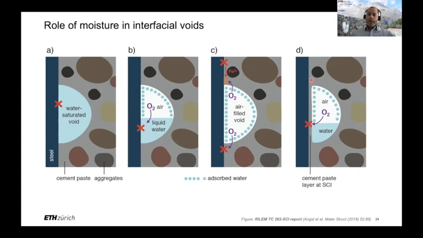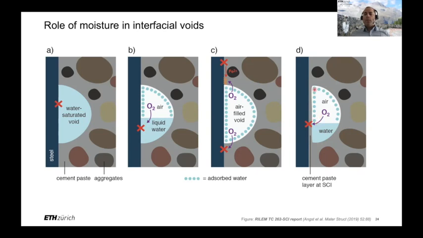There is also a case which typically can occur where we have a thin cement paste layer separating the steel and interfacial voids. In that case, of course, we have a somewhat different situation, because this cement paste layer may retain a lot of water in case of partially saturated voids.